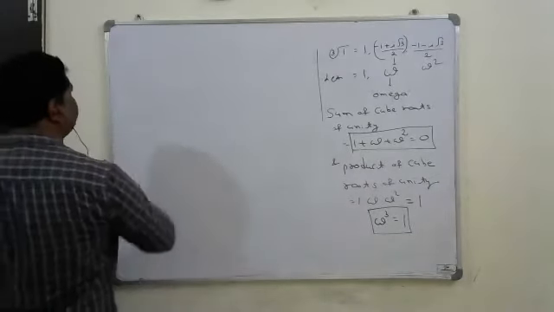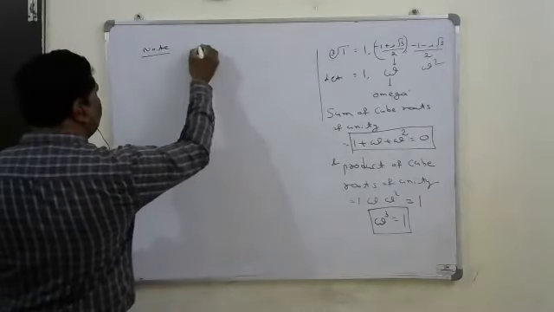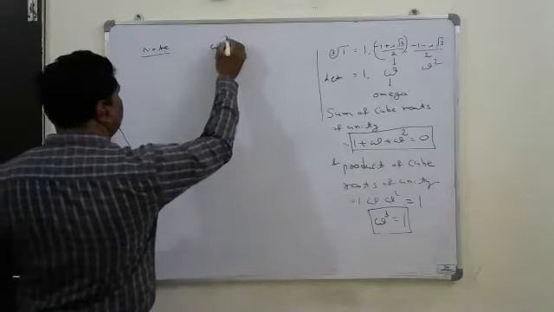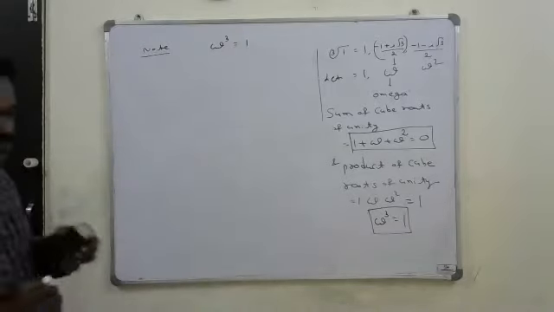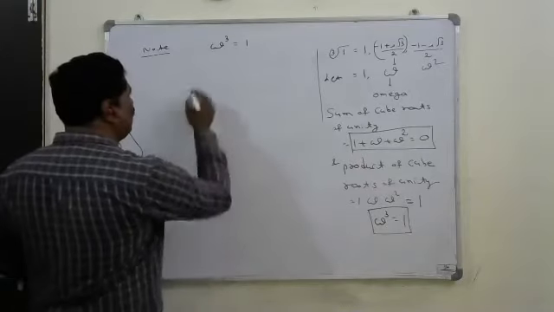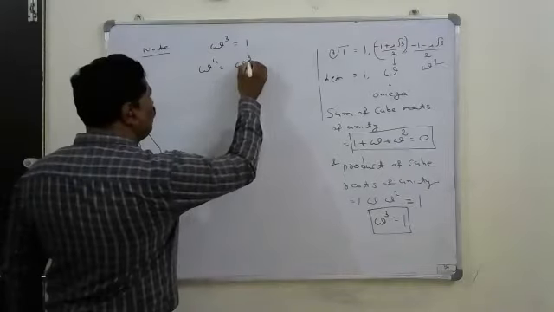Here, take the note. In that note, just first listen here. We know the value of omega cube is 1, right? Now, if I want to find omega power 4, I can write omega cube into omega.